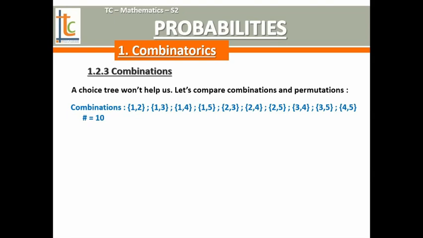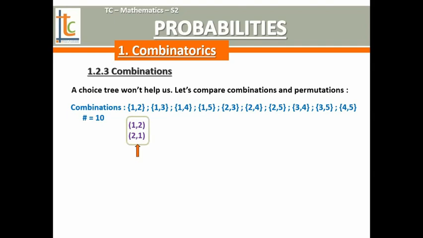Combinations are 1, 2, 1, 3, 1, 4, 1, 5. That's what you can get in your hand. Okay? 2, 3, 2, 4, and so on. If you would take the order into account, you would see that from the combination 1, 2, you can obtain the list 1, 2, or the list 2, 1. These are the two permutations from the combination 1, 2.